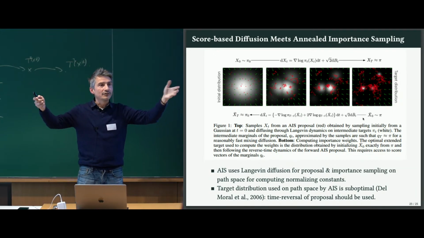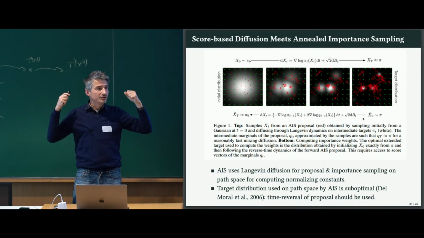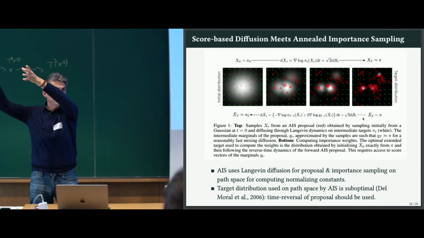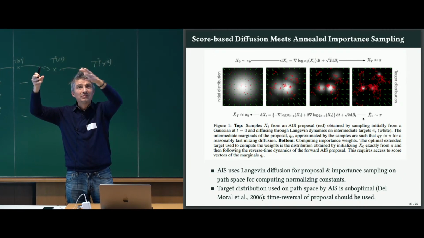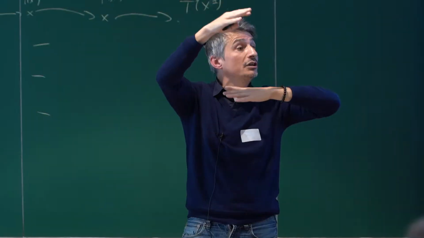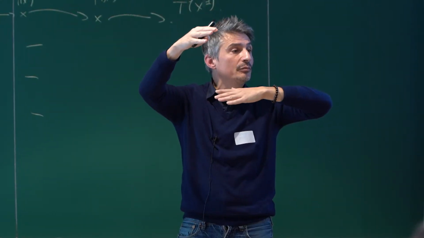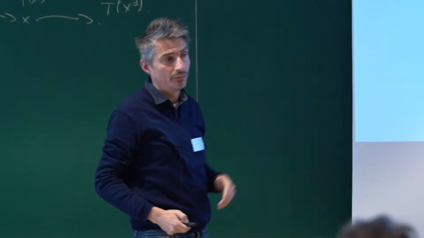And to do that, you need to introduce some auxiliary target distribution, which is some diffusion that finishes at time T exactly according to pi, and you need to give it some kind of backward dynamic so that the Radon-Nikodym derivative is well defined. And there's a standard recipe to do that, and this is the Jarzynski-Crooks AIS type recipe.